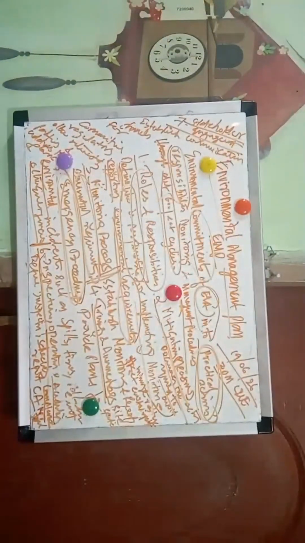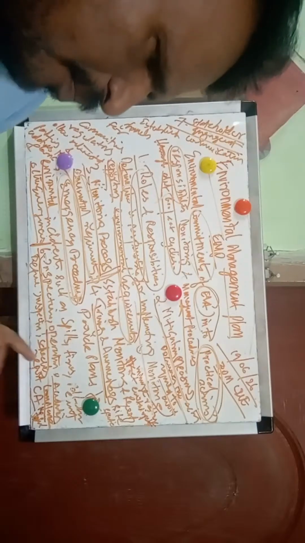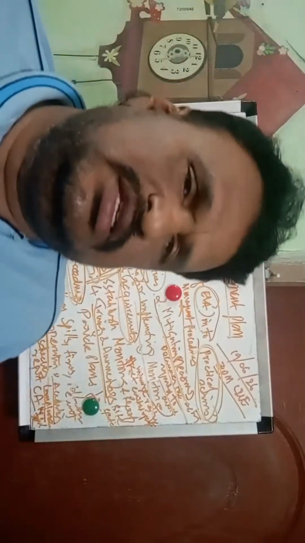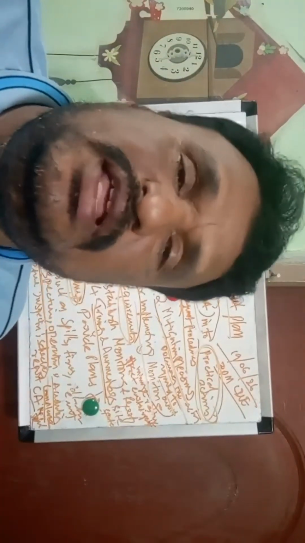Then the sixth one, inspection, operation and auditing. As I told you earlier, these are all parts of the environmental management plan. This must be there because the regulatory bodies will come and see, or you have to submit the report.